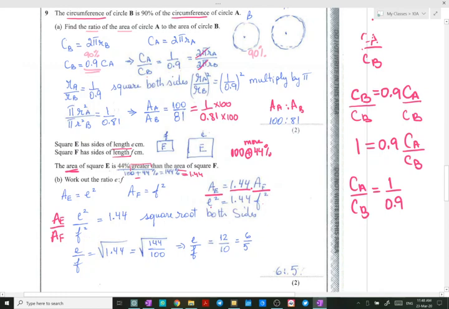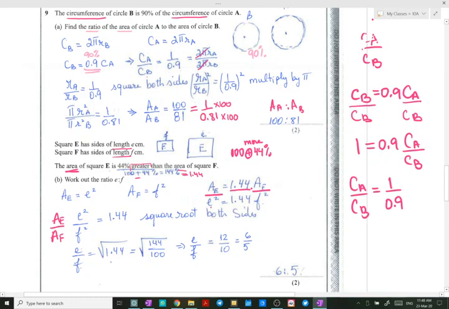Square root both sides. Why are we square rooting? Because we want to find the ratio of the lengths. So in order to find the ratio of the length E over F, you need to square root. When you square root both sides, you get E over F equals the square root of 1.44.